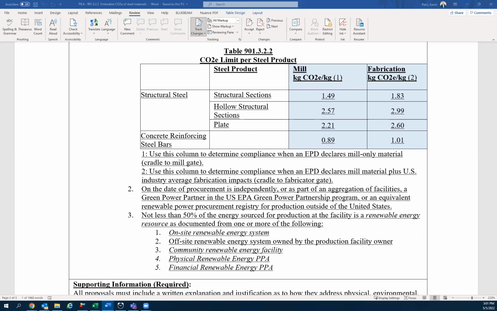So while we could come up with some sort of complicated math to address this combination of offsite renewables and what's in the EPD, I think that's complicated, and there's a concern about how the users of this code would be able to address that when we have a couple of paths here that are fairly straightforward.